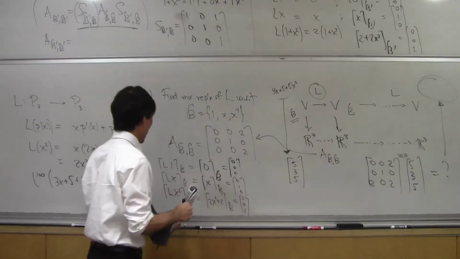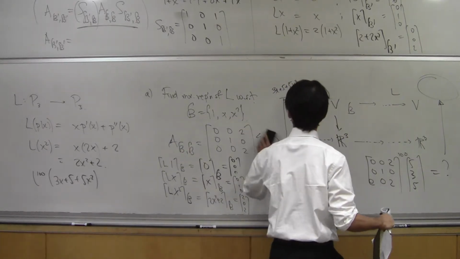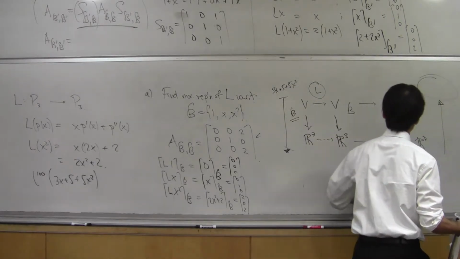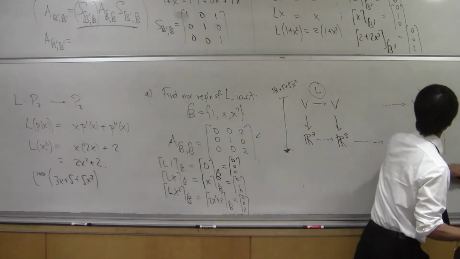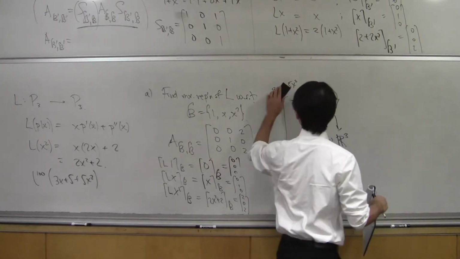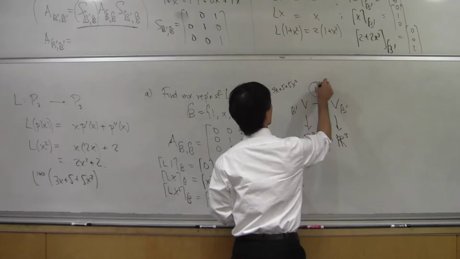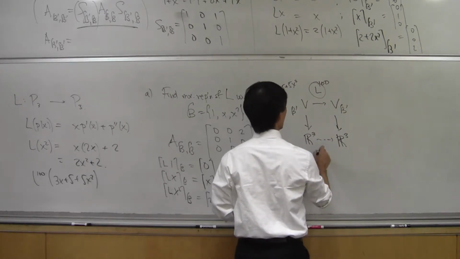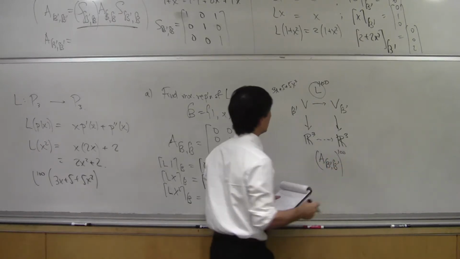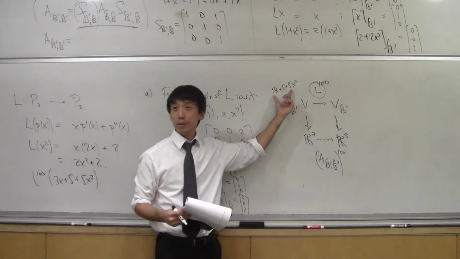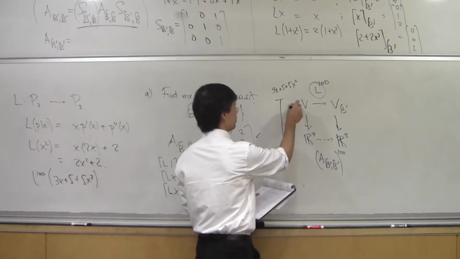And if we come back to our problem here, instead of using B, we use B prime. So we would multiply by A B prime to the 100th power. We would take this guy and then take its coordinate vector with respect to the B prime basis.